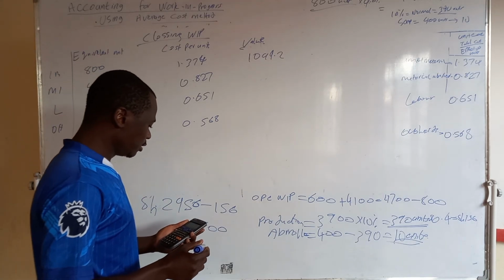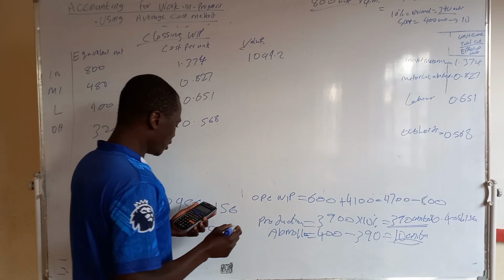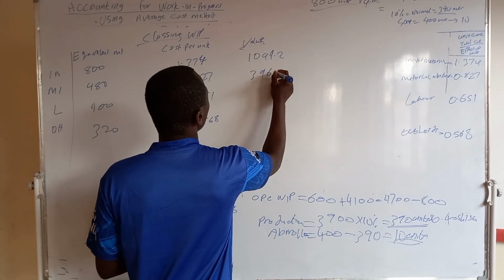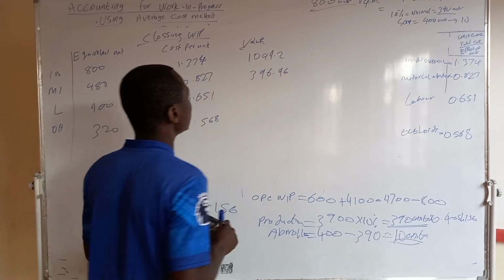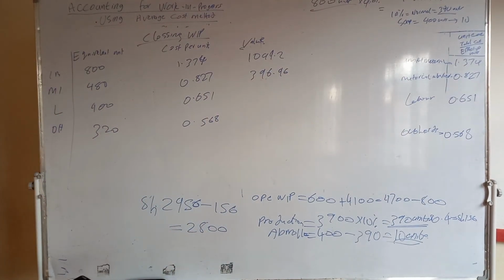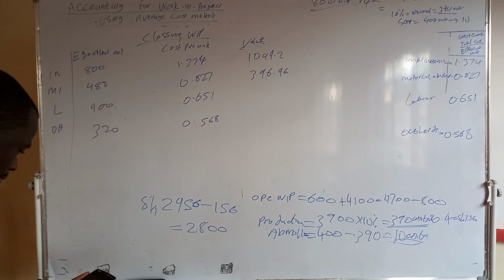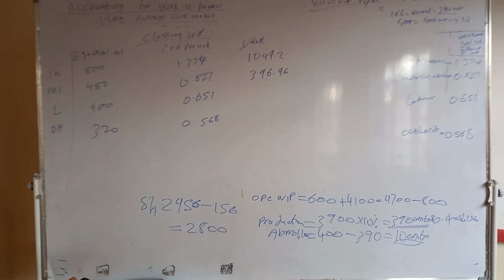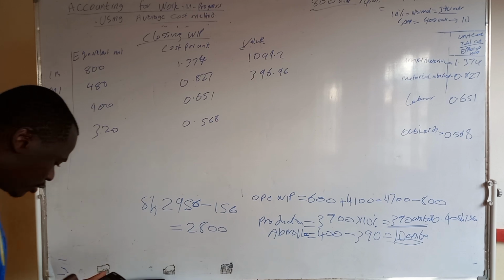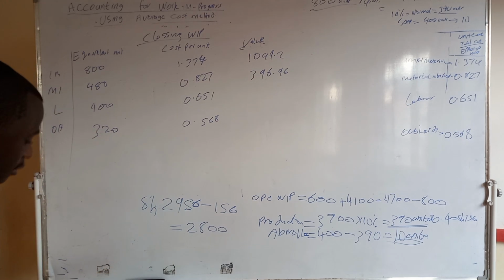That gives us 396.96. Then we have 400 times 0.651.